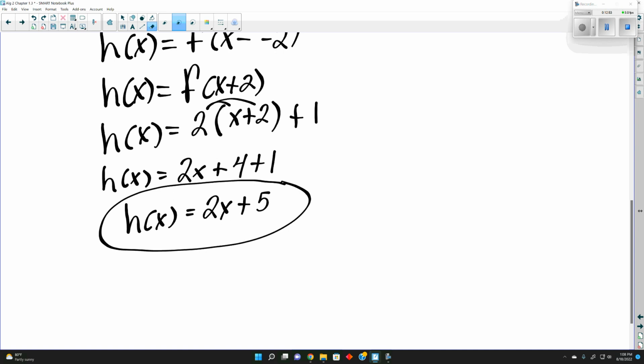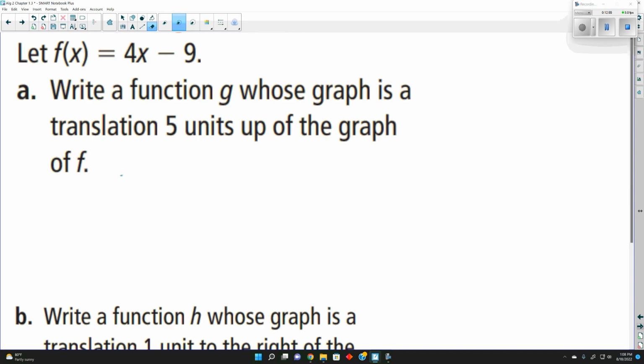Now, we will get to a point where we do more than one of these transformations to a function. We can move it up and to the left, and stretch it and reflect it. We can do all of them to a function. But even when we do that, what I will suggest is doing like we're doing here.